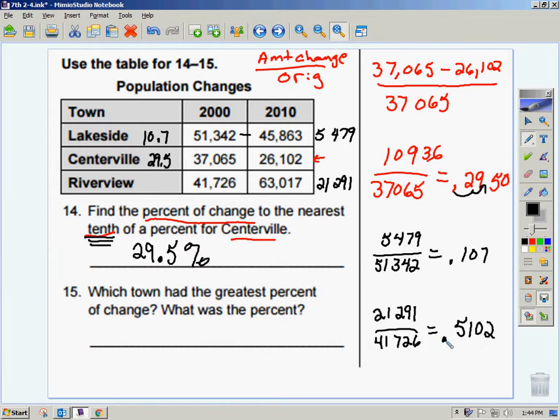If I move the decimal 2 places, this would be 51.0%. Which town had the greatest percent? Riverview. And the percentage was 51.0%.